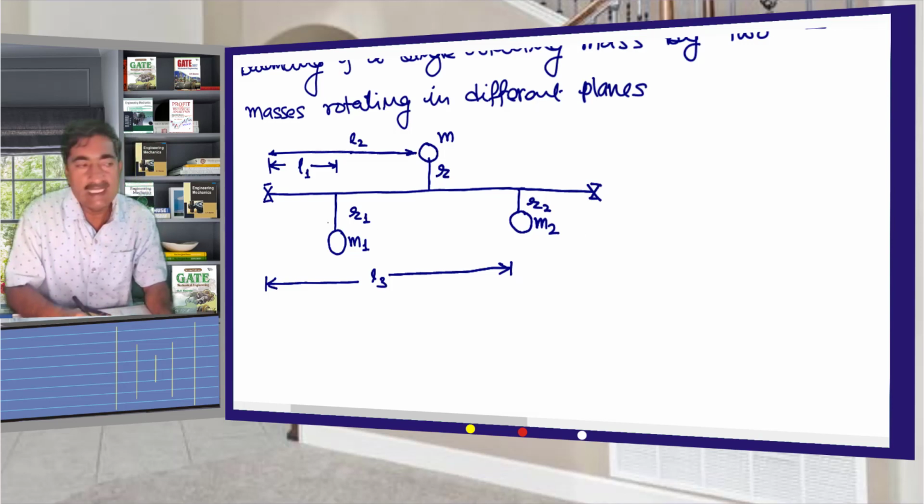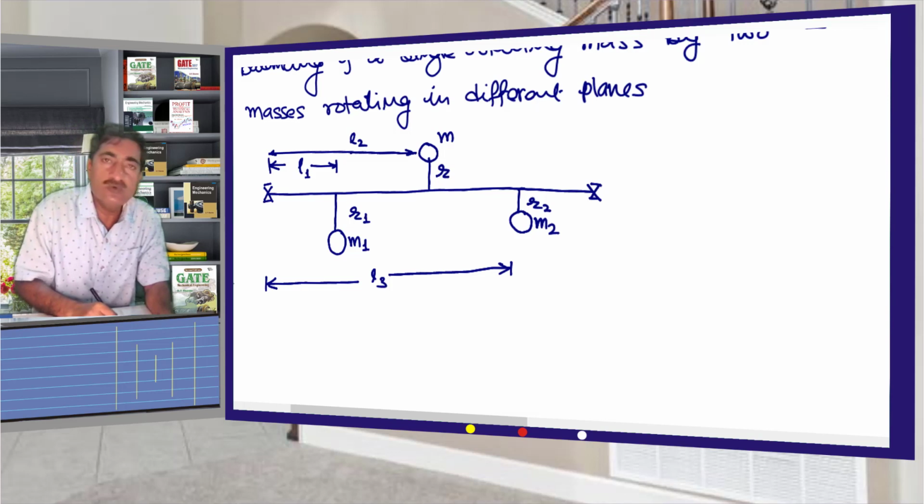Now, for balancing, the reaction should be equal to 0 at the bearing, means RA equal to 0 and RB equal to 0. This is center.